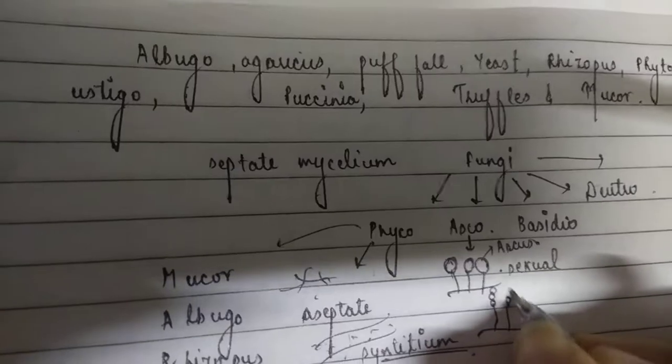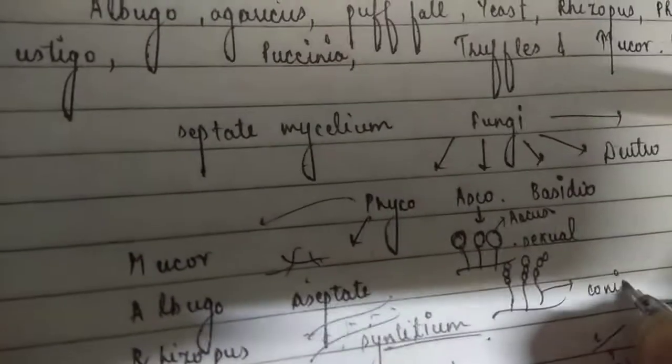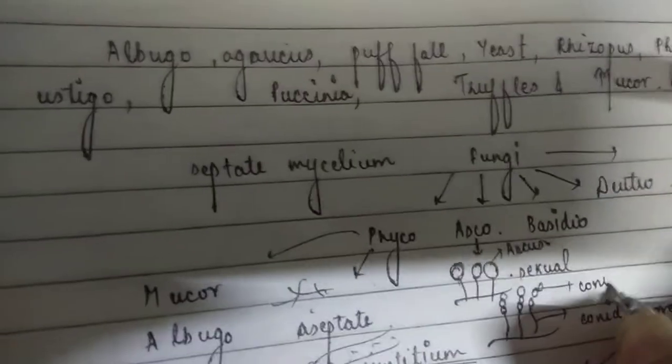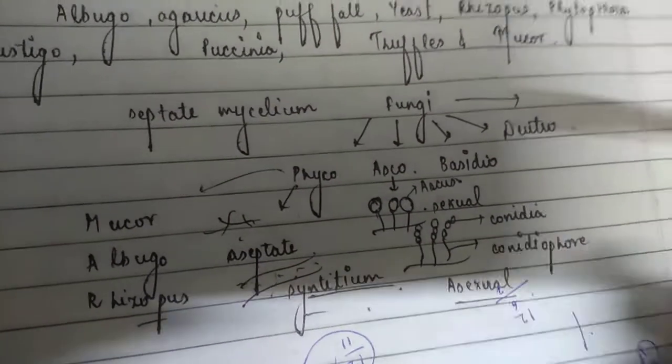If we talk about asexual, then spores are formed on the conidiophore, which is the fruiting body, and the spores are simply called conidia. So conidia bearing conidiophore is the asexual reproduction. In this way they reproduce asexually.